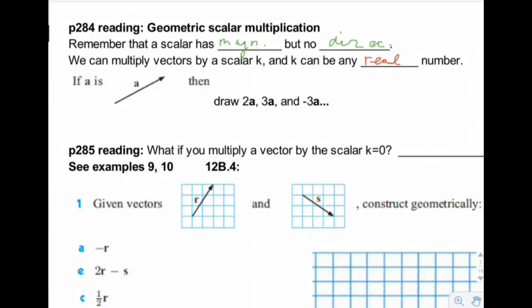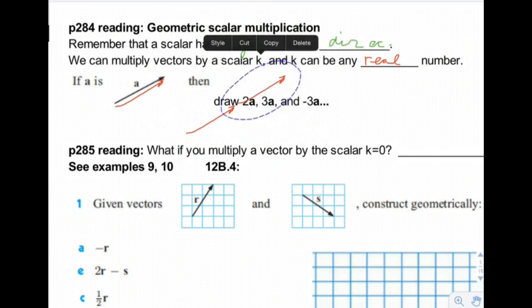If vector A is this vector here, then draw 2a, 3a, and negative 3a. Since we have the wonder of technology here, we can do things like this. See there, I drew 2a.